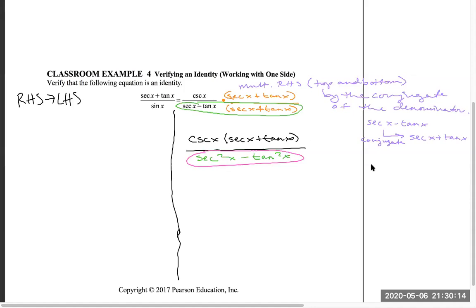Yeah, I can. Start with identities that relate secant and tangent. So remember, tangent squared x plus 1 equals secant squared x. So 1 is equal to secant squared x minus tangent squared x. Okay. So now I'm going to replace that part by 1.